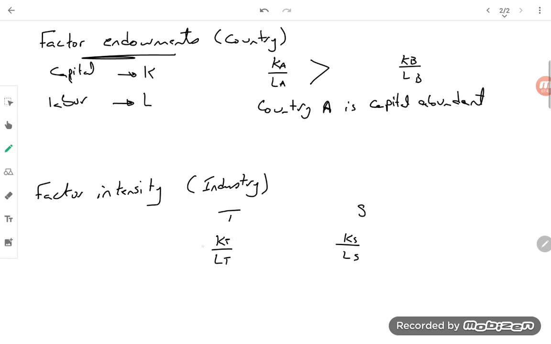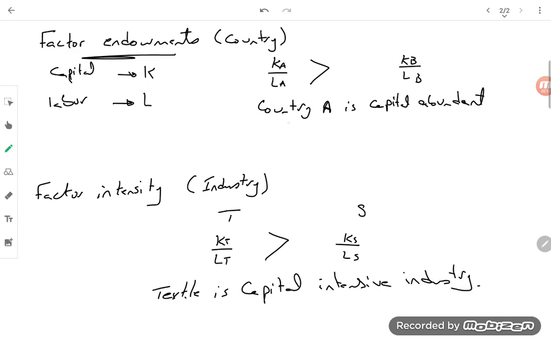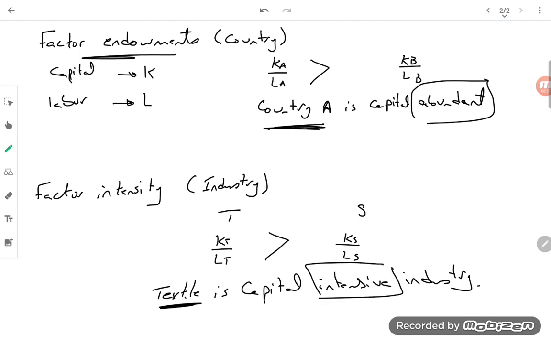If the capital labor ratio for textile is greater than for soybeans, then textile is the capital intensive industry. So when we talk about the country, it is abundant. When we talk about the industry, it is intensive.